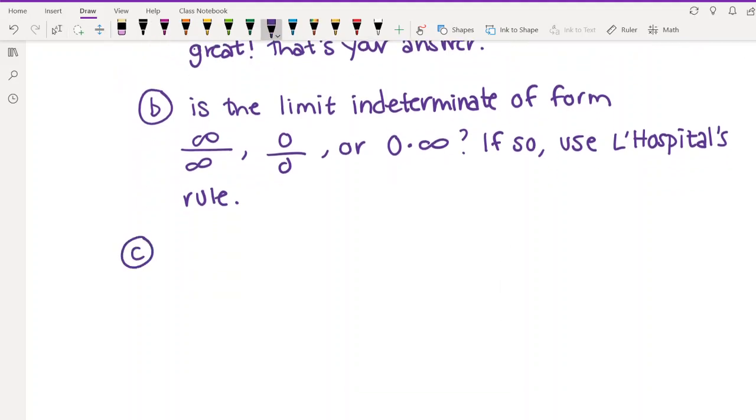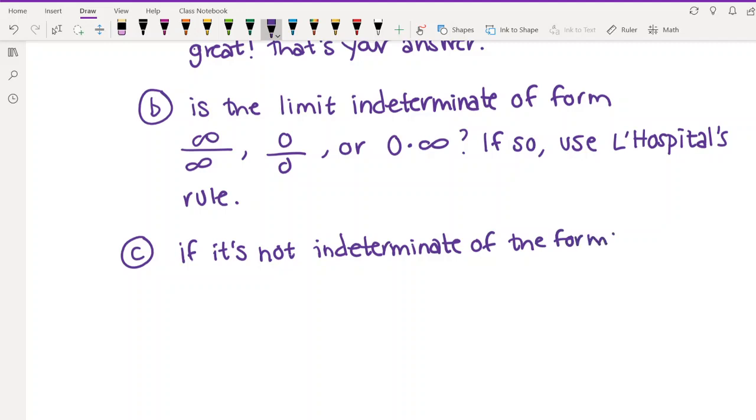So if you can't use L'Hopital's rule, because the limit is not indeterminate of the forms mentioned above, then you can try algebraic simplification.